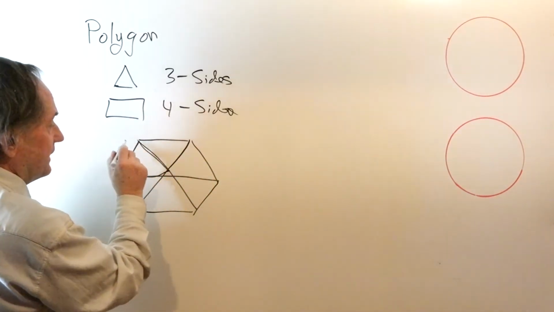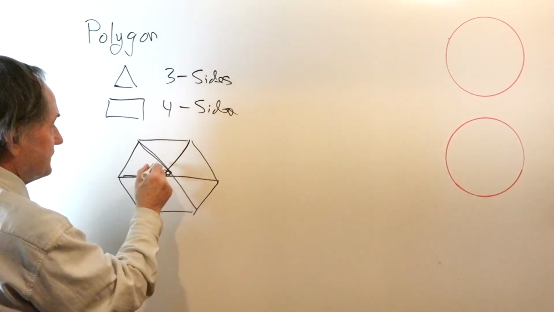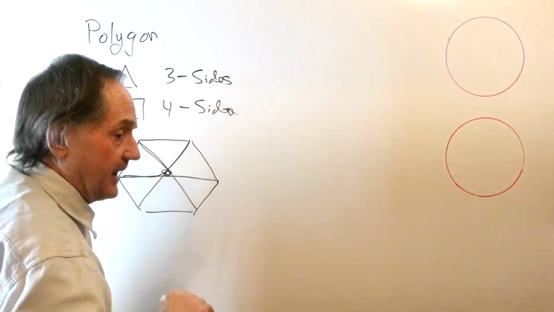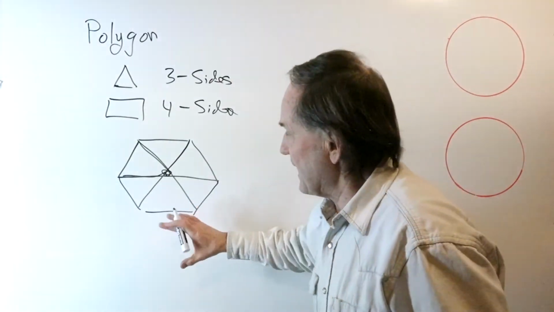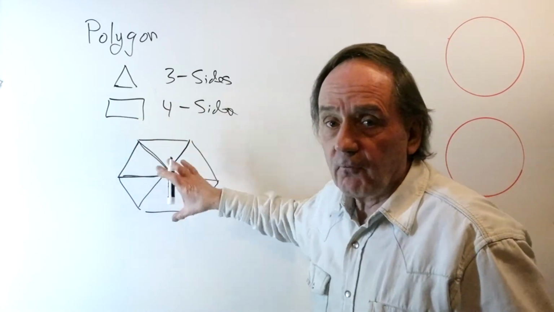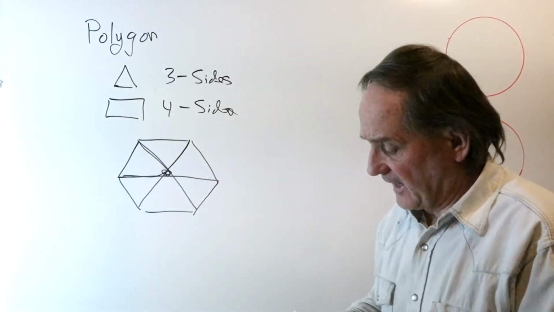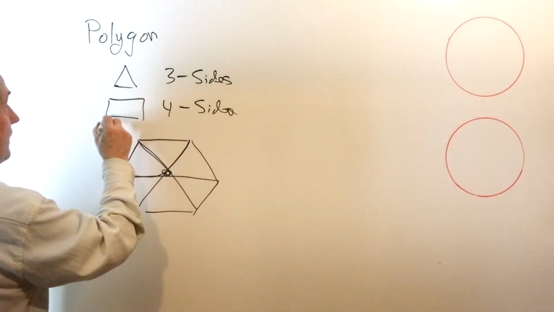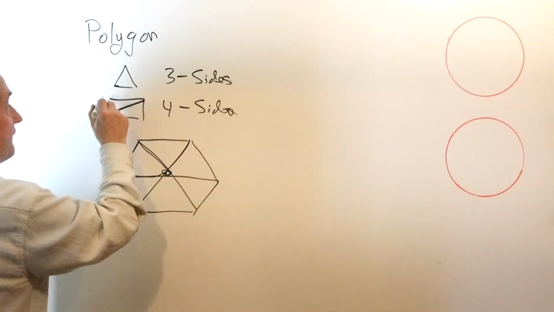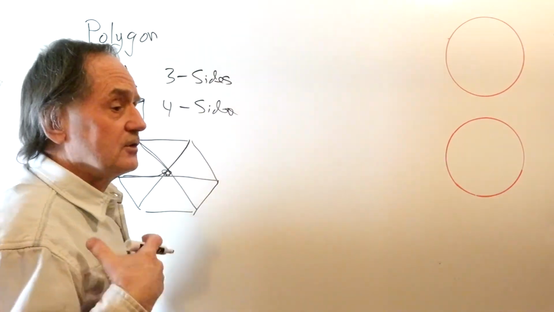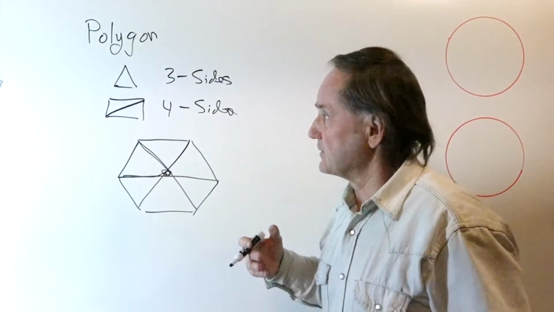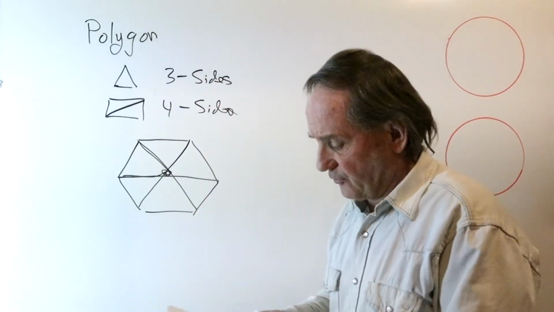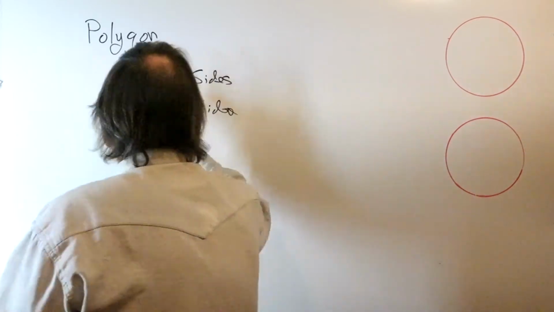So we have 6 triangles in a hexagon, so we can do our geometry in each one of these little triangles and use that to describe the overall nature of the hexagon. And the same thing with a rectangle, you can draw a diagonal and you have 2 triangles that you can deal with. You can do this with any number of polygons. You can always break it up into several triangles.